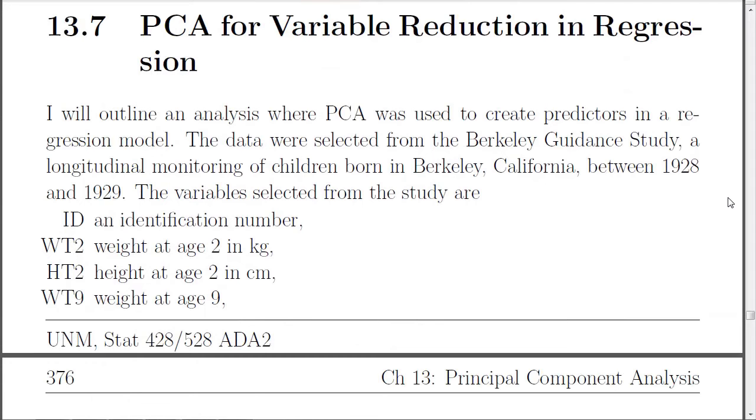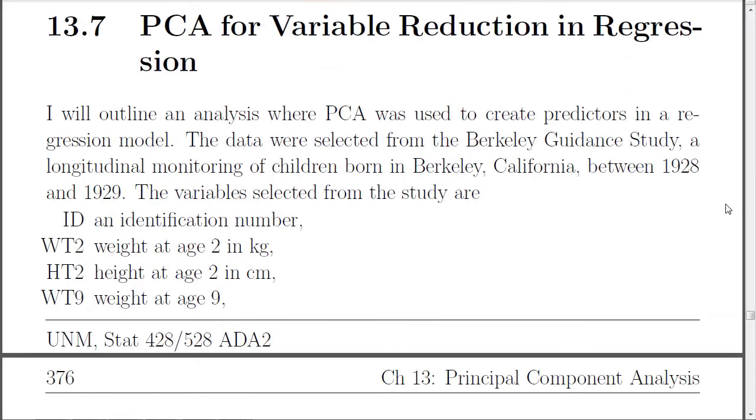So the idea here is that if we can take those highly correlated variables and collapse them using a linear combination to a single variable called principal component 1, then we can use that single variable in our regression model and reduce the number of variables we include in the regression model, but still retain a high proportion of the total variability of all the variables.